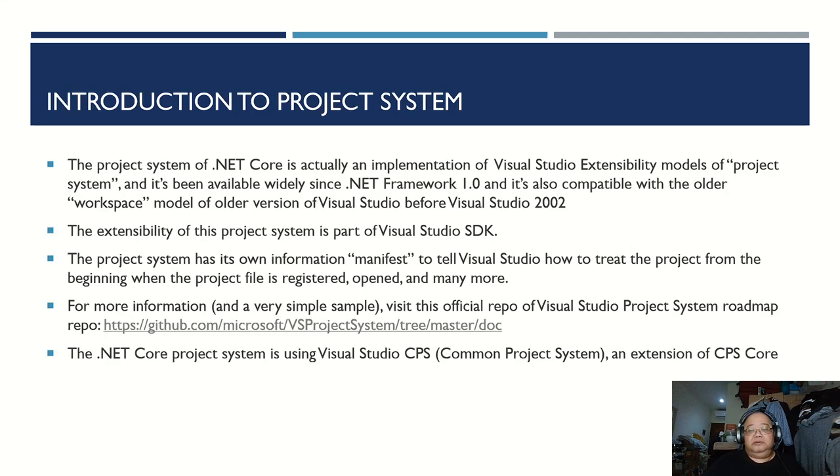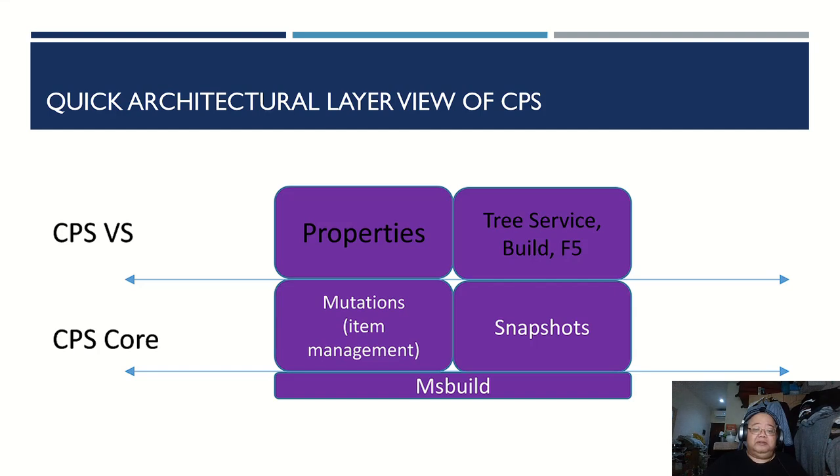You already know that the .NET SDK project system is using CPS, and this is the architecture. Why is it also important? Again, the CPS model is not for all versions of the project system. CPS is starting, if I'm not mistaken, from Visual Studio 2015, and it has been growing ever since.